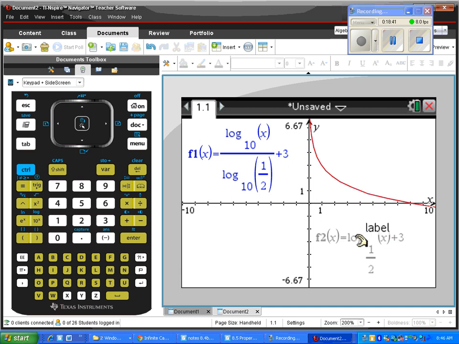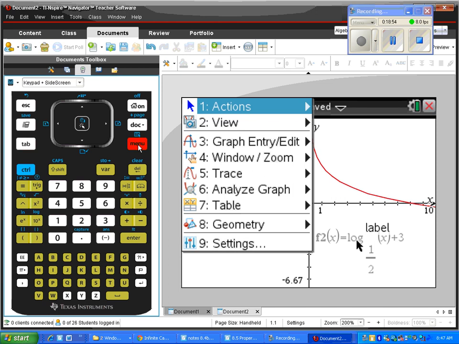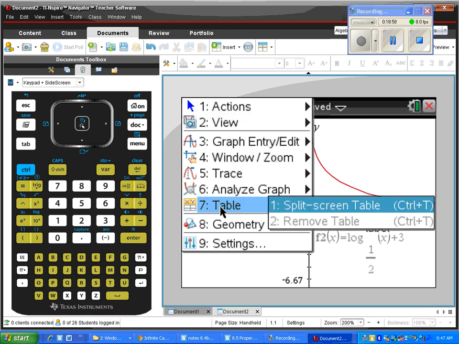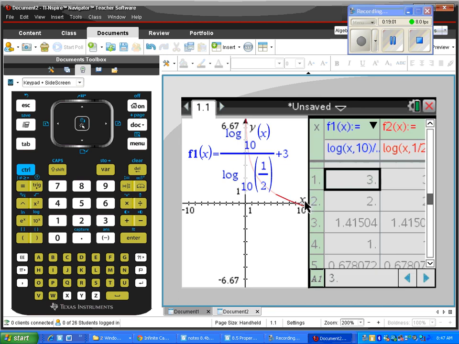Your teacher wants to see points plotted on a grid. How do I find it? Do you recall? Hit the menu button. Go to what number? Number 7, table. I want to do a split screen table. I can plot the point 1, 3 and the point 2, 2.